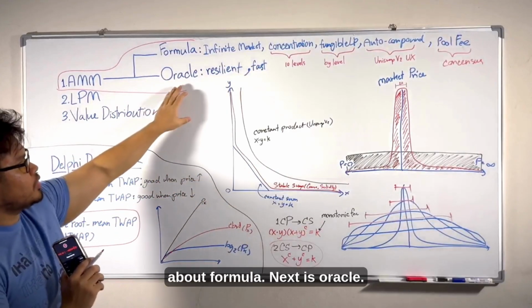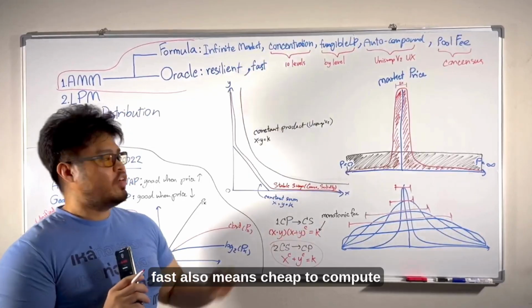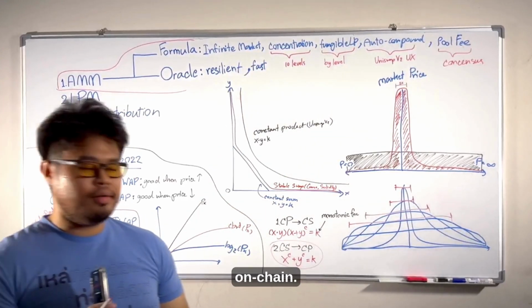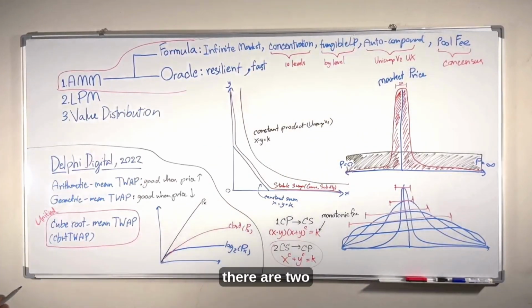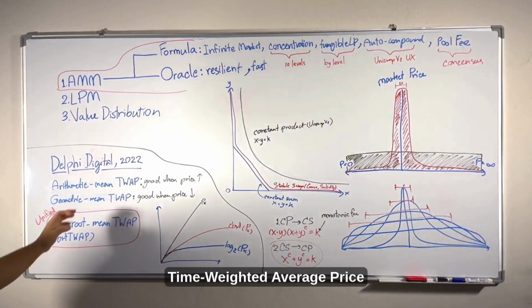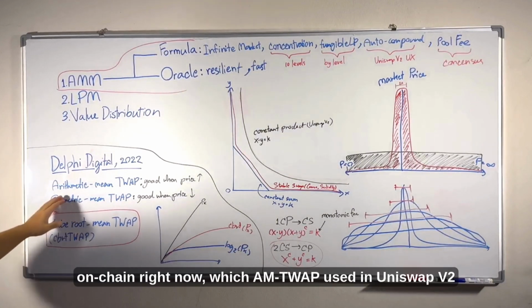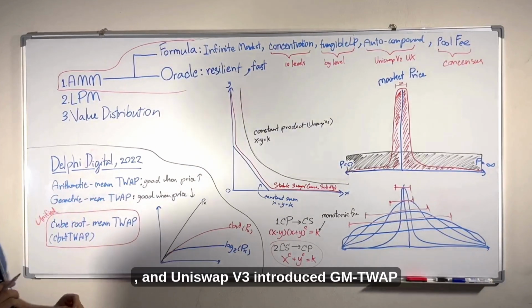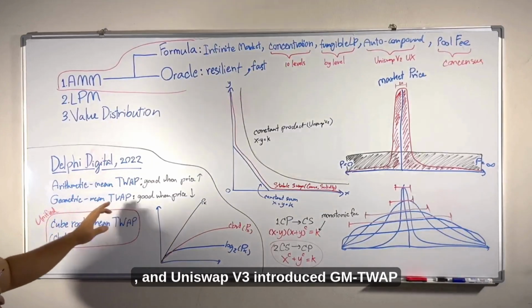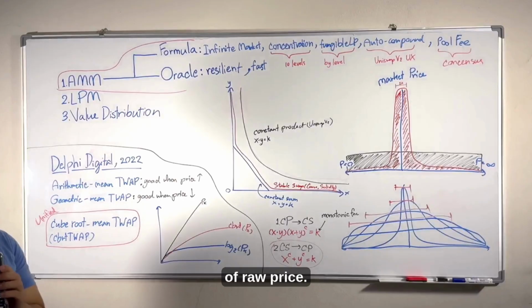Next is the oracle. We want it to be resilient and fast. Fast also means cheap to compute on chain. There are 2 kinds of oracle: TWAP, time weighted average price, on chain right now, which is the arithmetic mean used in Uniswap V2, and Uniswap V3 introduced the geometric mean TWAP, which uses a logarithm price instead of the raw price.